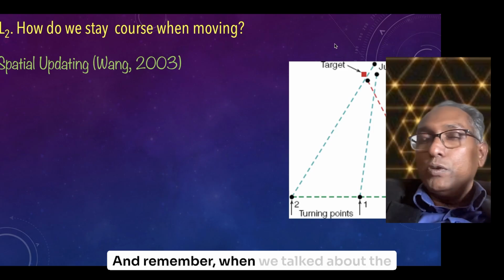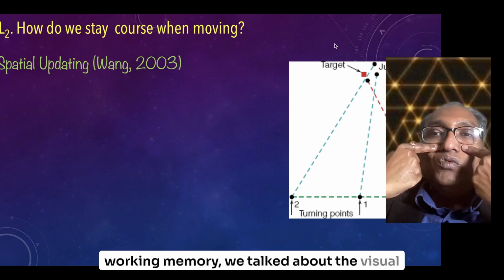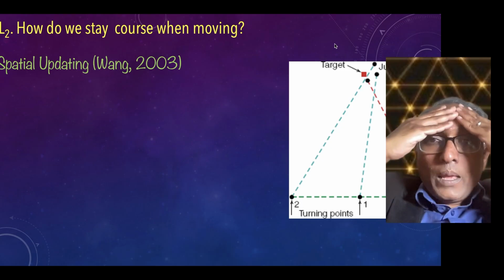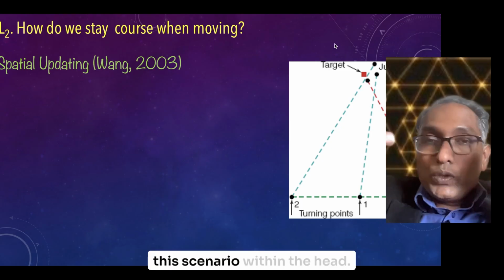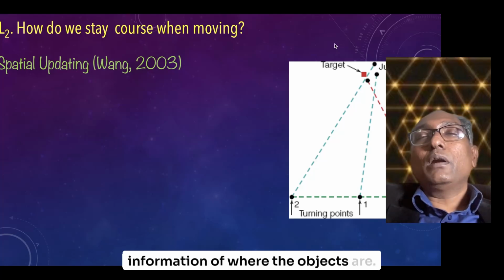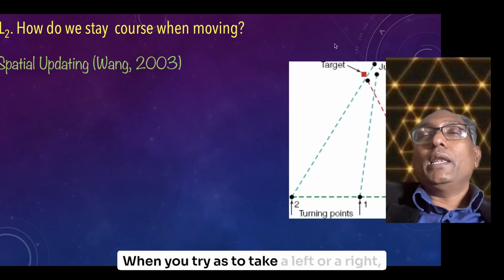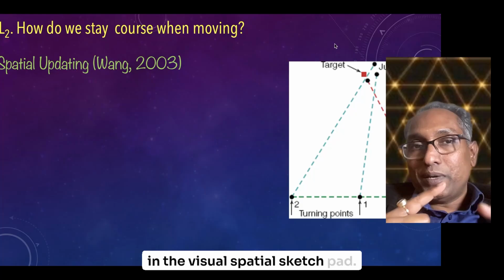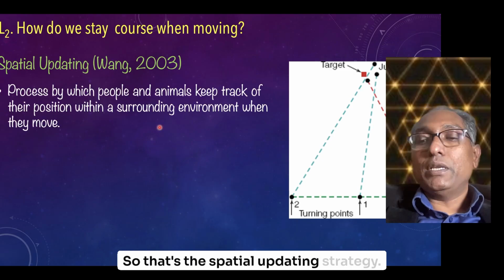And remember, when we talked about working memory, we talked about the visual spatial sketchpad, which creates this scenario within the head. So you're updating that spatial information of where the objects are. When asked to take a left or a right, you're manipulating that information in the visual spatial sketchpad. So that's the spatial updating strategy.